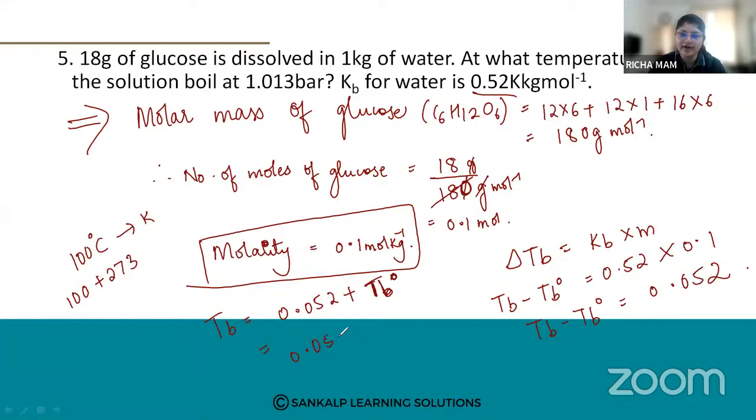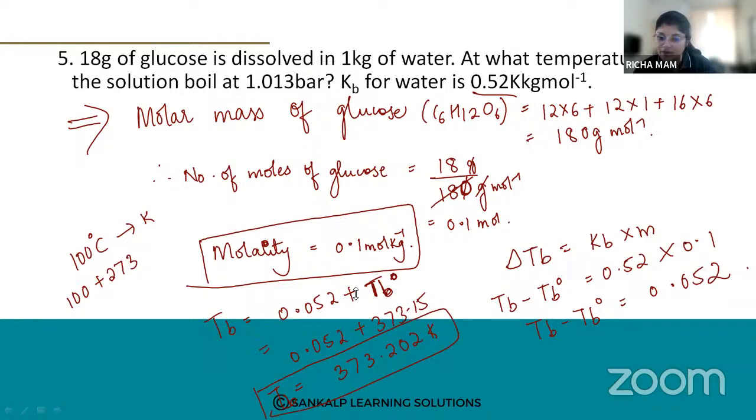So 0.052 plus 373.15 will be 373.202 Kelvin. So this is the temperature at which the solution boils. Yes, okay, so this should be the answer.